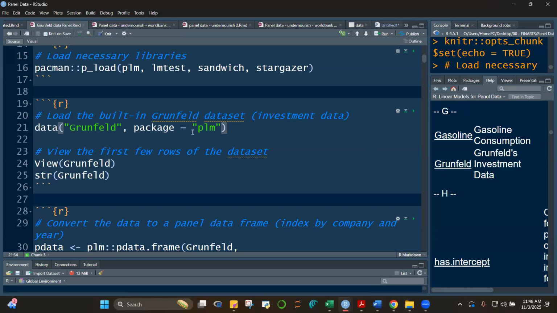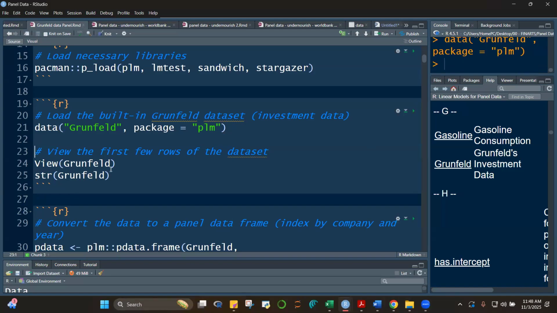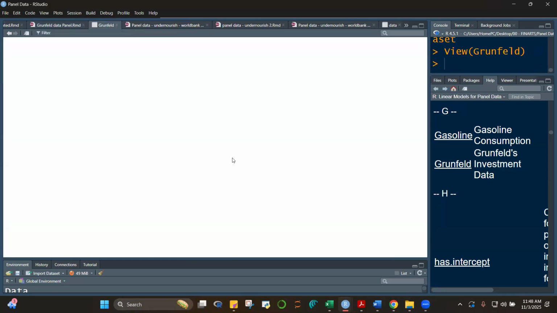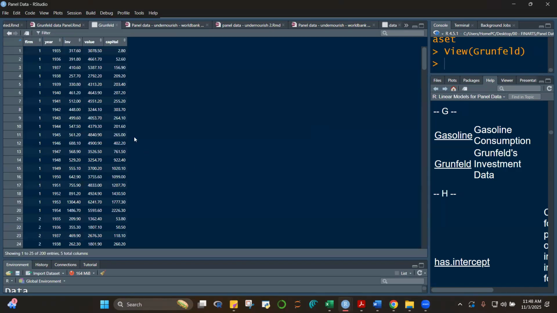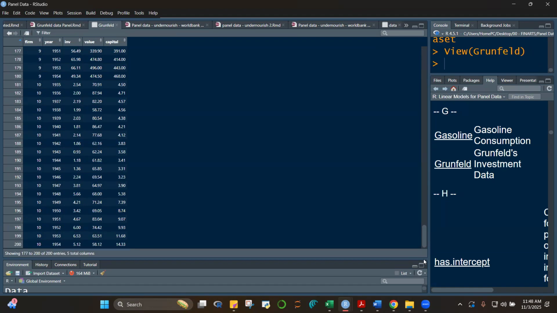But let's use the Grunfeld data coming from the PLM package. Let's run this, and then let's view what Grunfeld data contains. So: firm, year, investment, value, and capital. And there are 200 observations.